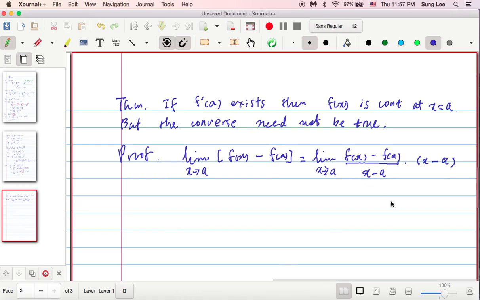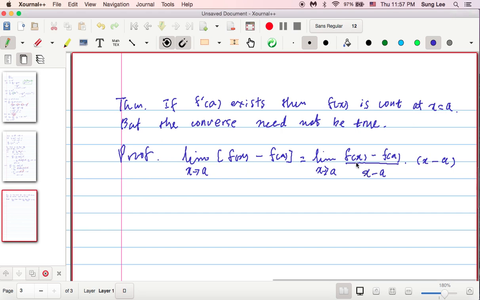You can divide f of x minus f of a by x minus a, no problem. Why? Because x is approaching a closer and closer, very closely, but x is never equal to a. So x minus a is never equal to 0. Remember that, right? So we can divide f of x minus f of a by x minus a.